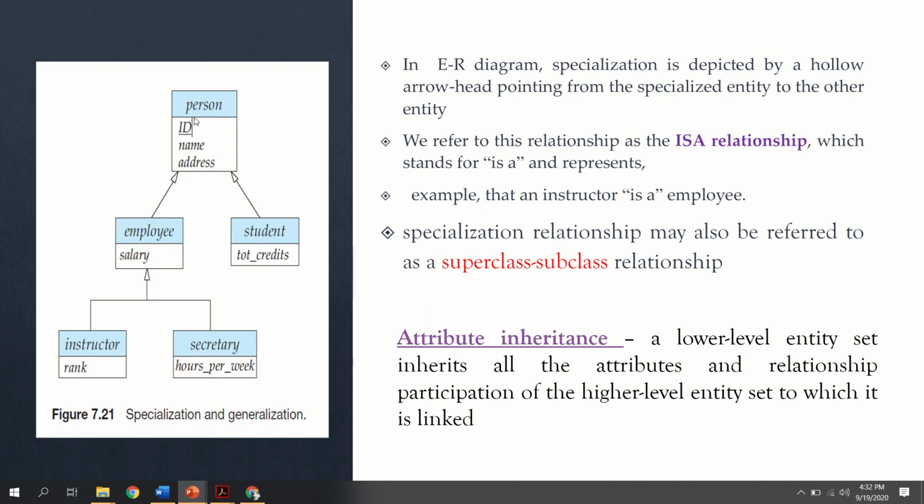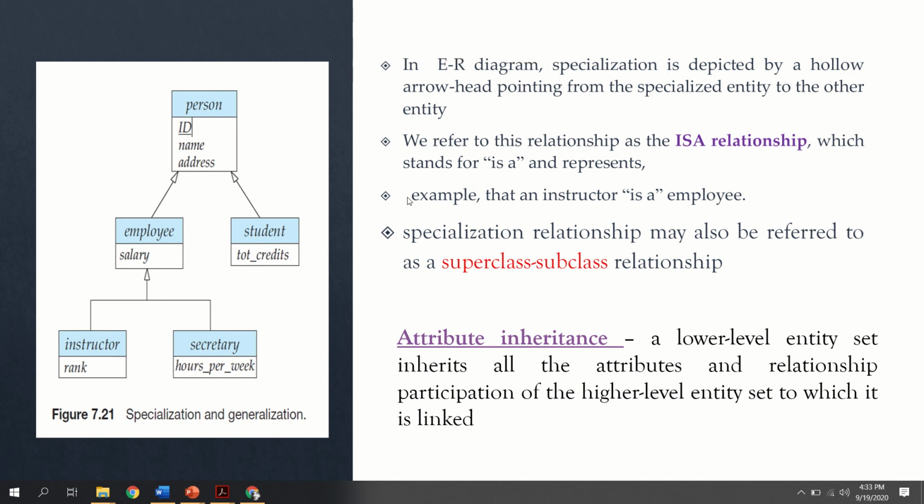But in the case of employee and student, that is the case of overlapping, if you are taking an entity, that can be in both. In the case of disjoint, if you take one entity here, that can be either in this entity set or this subgroup. So that is the meaning of overlapping and disjoint entity sets.